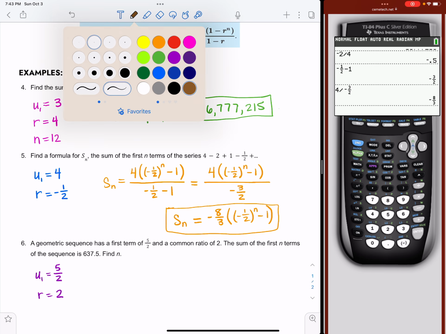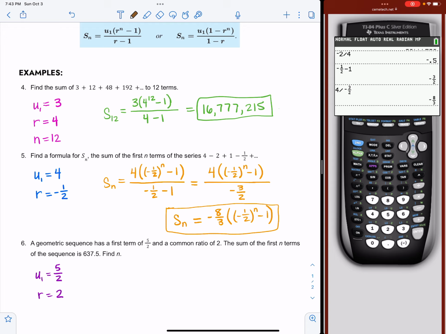So if we use the sum equation, we're going to have 637.5 is equal to u1, which is 5/2, times our common ratio, 2, to the power of n, minus 1, divided by 2 minus 1.